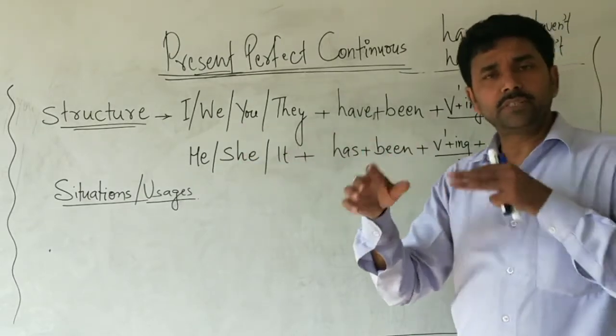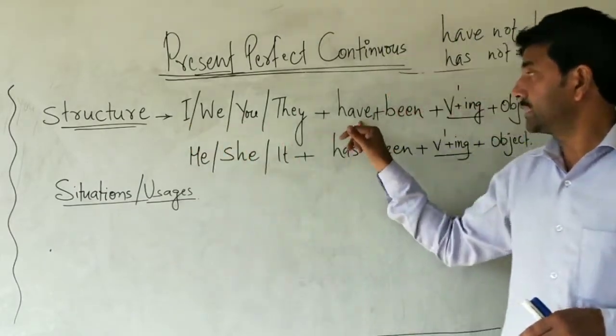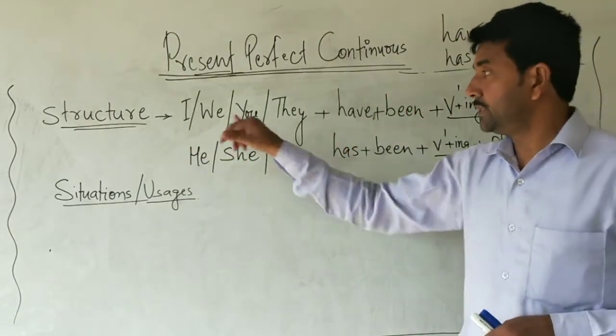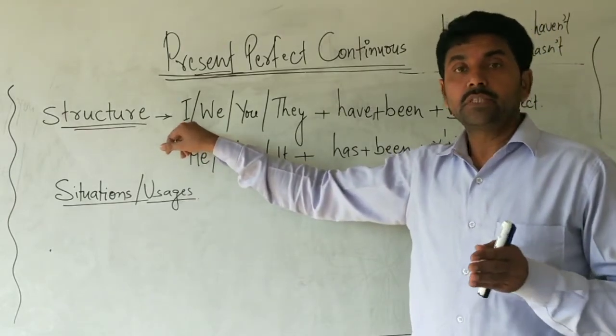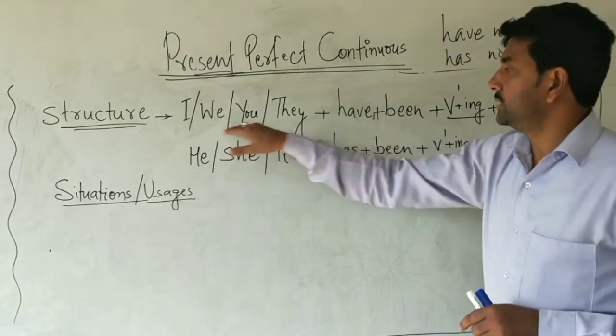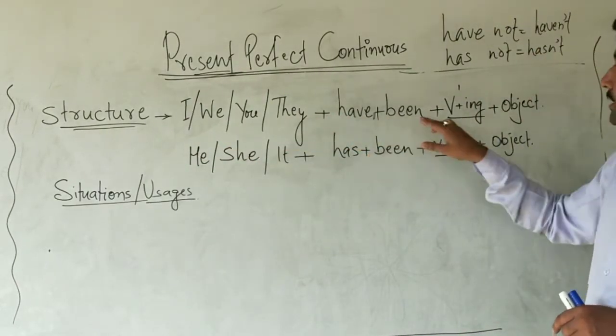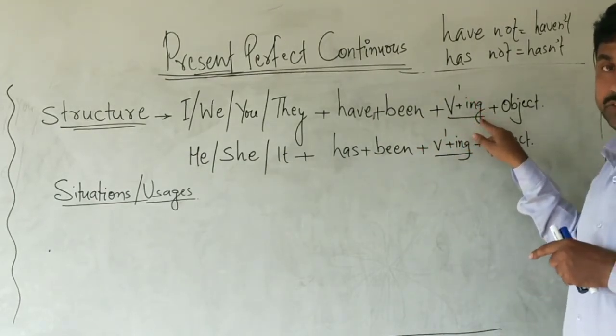The agreement is all about subject and verb agreement. So I also takes have, not has, even if it is singular, because it is first person singular. It agrees with have. So these subjects with have, then been, and after that verb 1 plus ing.